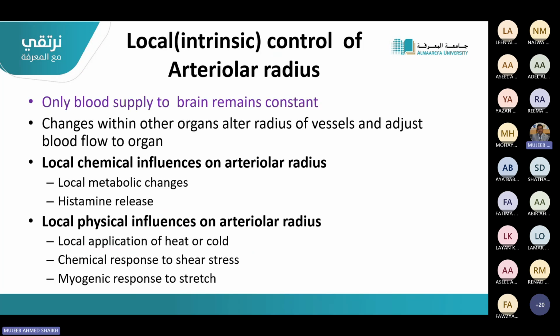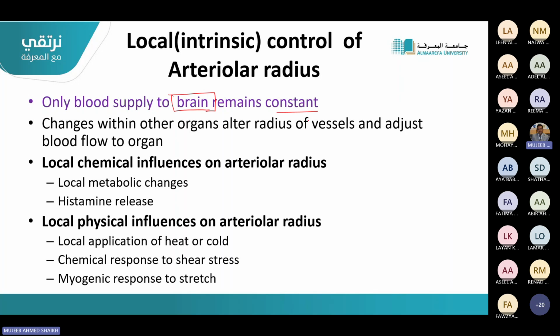Okay, local control, the first one. In our body, the brain is the only organ which will have the same amount of blood all the time. We have seen in the hemodynamics lecture the picture of change in blood flow during exercise and during rest.